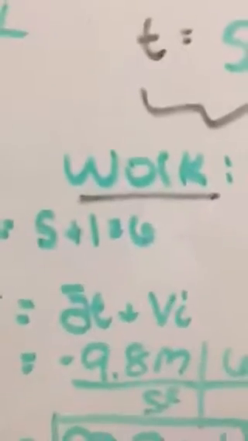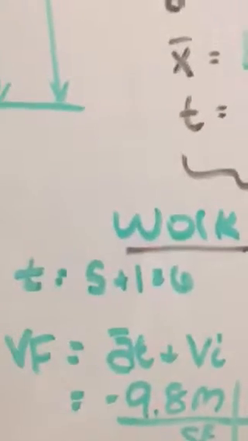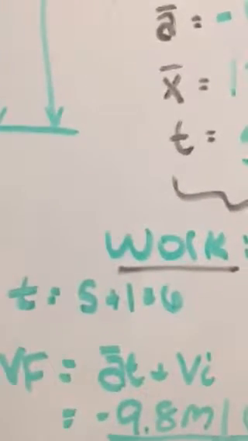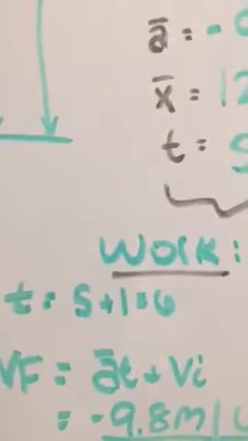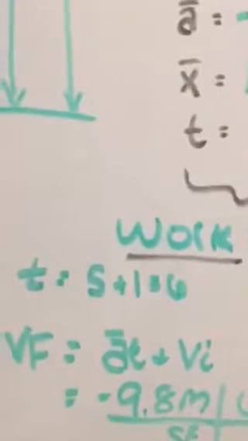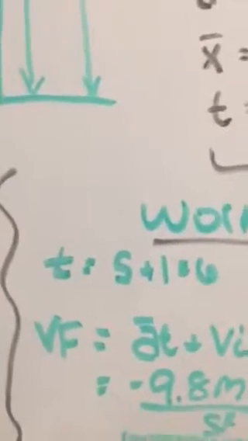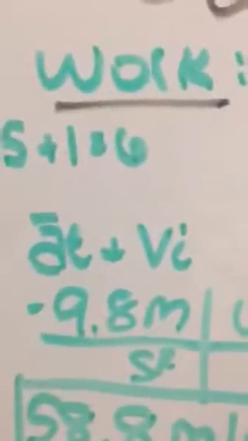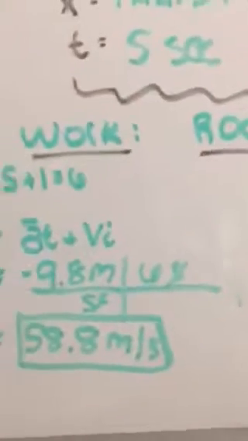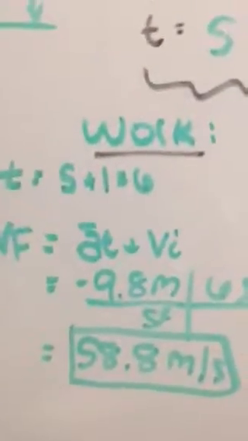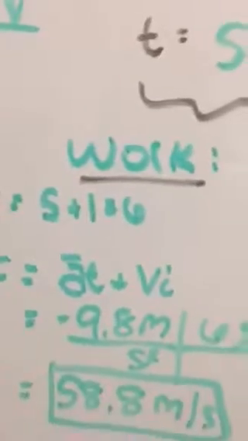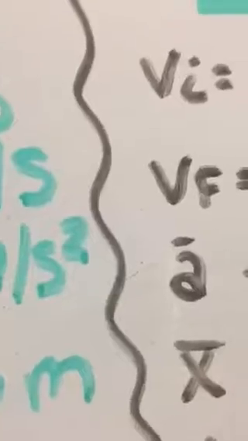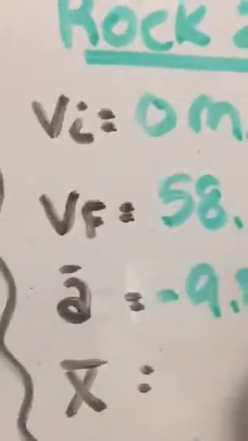And we're adding another 1 second to it because of, again, the second rock being thrown 1 second after the first rock, in which it will increase the velocity. So here's my final velocity equation once again, and I also used unit analysis to get my final answer of 58.8 meters per second. So we could plug that in. So it'd be 58.8 meters per second.